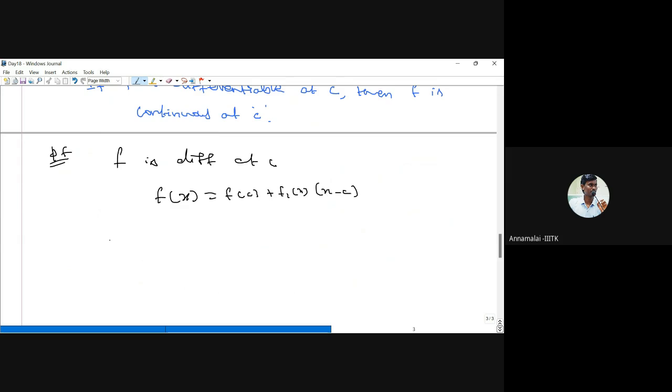Now take the limit as x goes to c of f of x. Since f of c is independent of x, we have f of c plus the limit of the second term, which goes to 0. We get f of c. So the limit as x goes to c of f of x equals f of c. Therefore f is continuous at c.